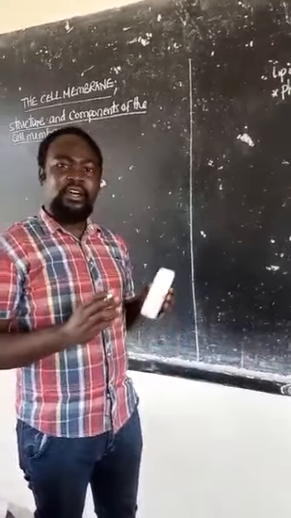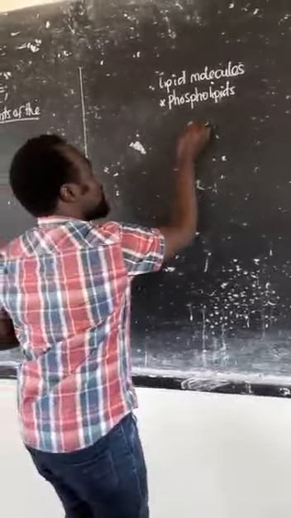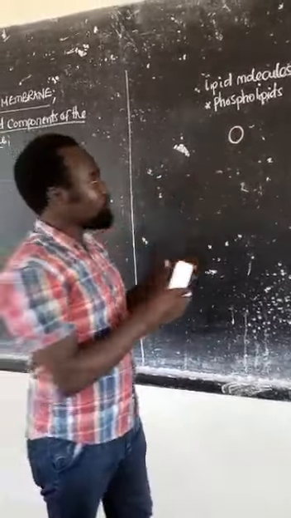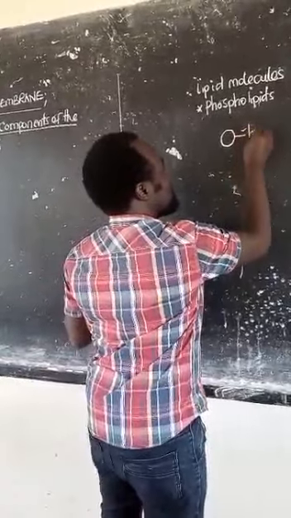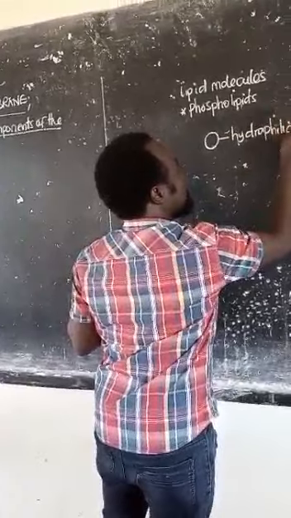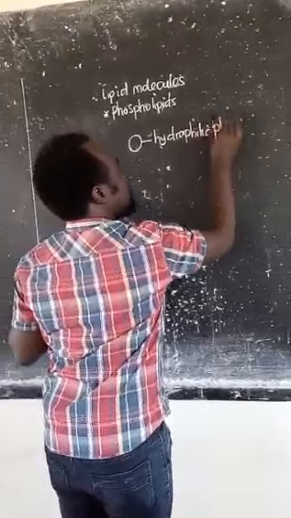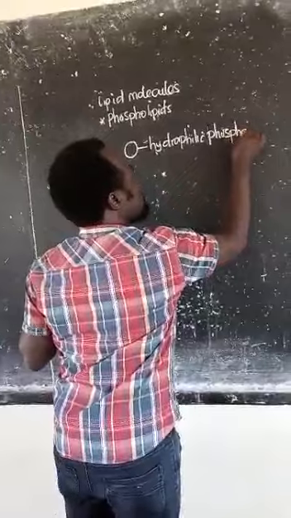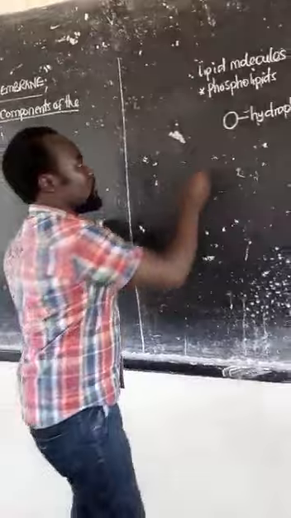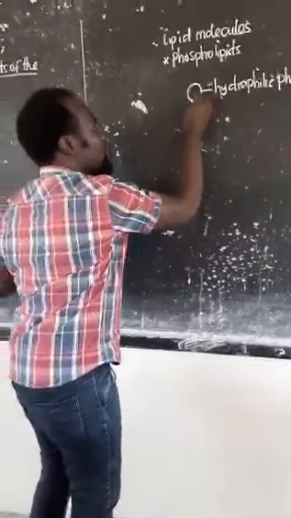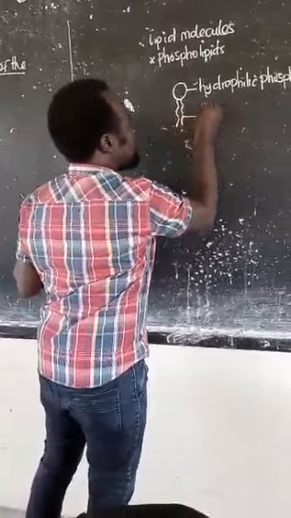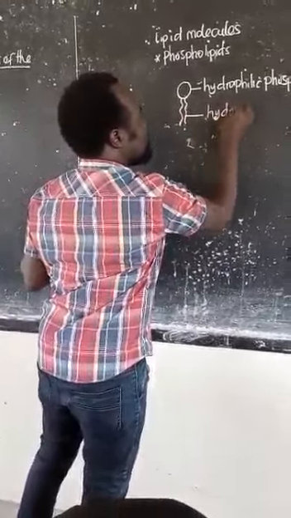We have got a head-like structure, which is hydrophilic. You can say hydrophilic head. We also have the fatty acid tail, and this is hydrophobic.